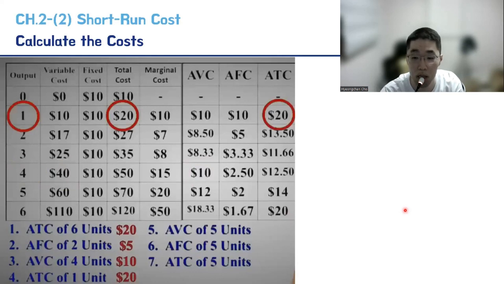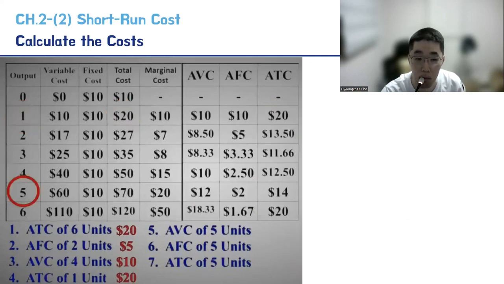So now let's take a step back and find out something you might not have noticed the first time around. Notice that the average variable cost plus average fixed cost equals the average total cost.